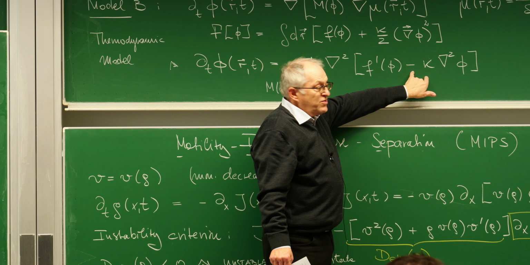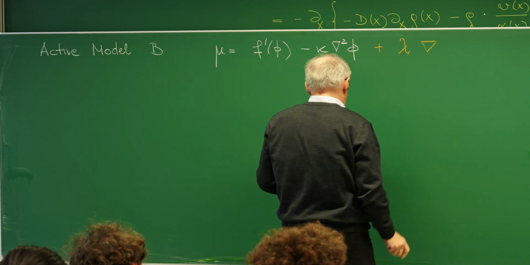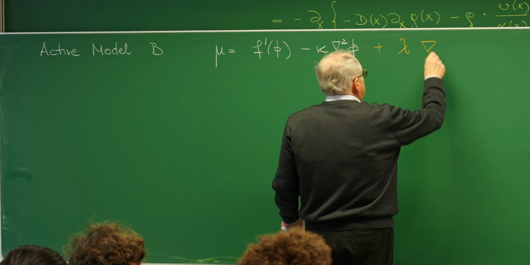Now we can ask, what should I or can I write here as another term that's allowed by symmetry? And by symmetry I mean spatial rotational symmetry, the fact that you have a scalar that's of the same order, so all things are satisfied, but not that you can derive it from a free energy functional. A term that has the structure is a term that looks like so.